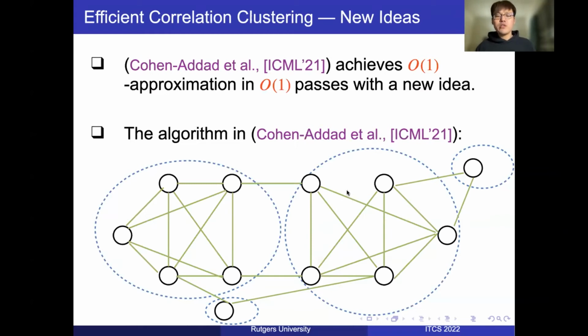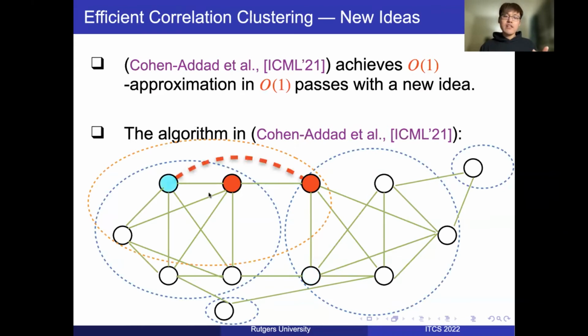Just to give some intuition, if we focus on this positive edge that is going to be paid by this kind of clustering, and the optimal clustering also splits them, then there's no extra cost. So suppose the optimal clustering actually puts them together. I'm going to show you that the optimal clustering has to pay a lot of cost. Why? Because consider a vertex that is not inside this cluster but has a positive edge connecting to this right-hand side vertex; then we are going to pay for this positive edge.